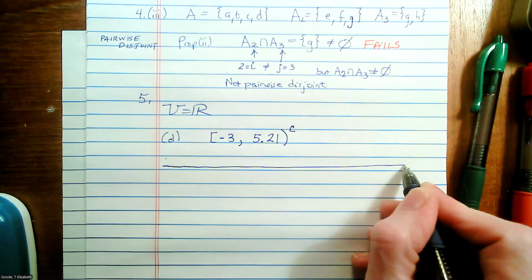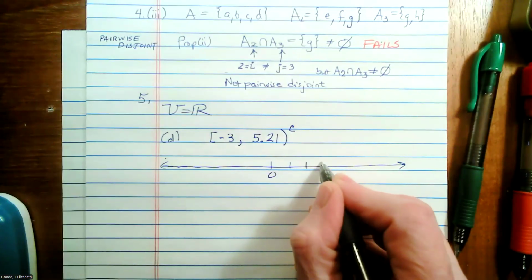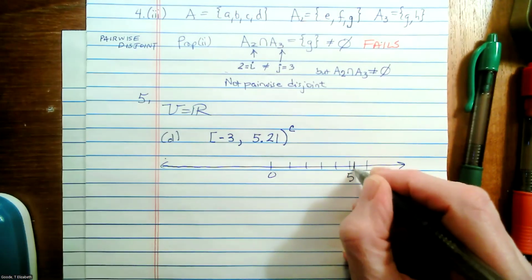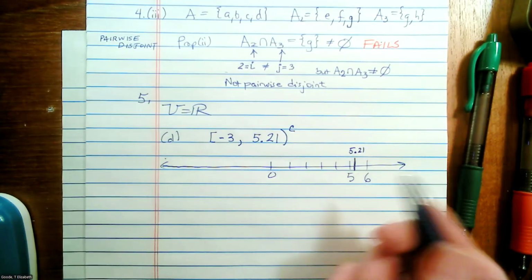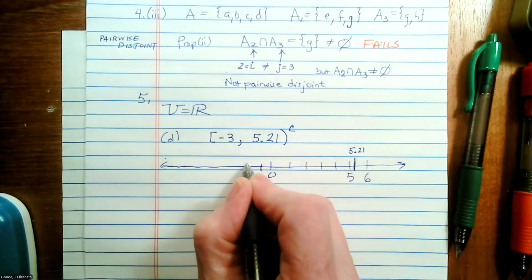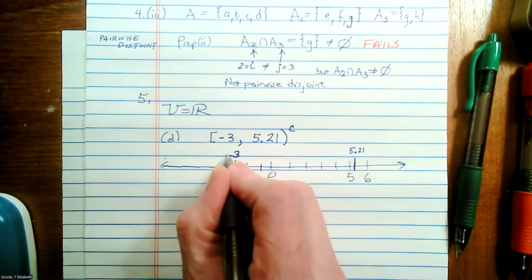Drawing a picture can really help. All right, so here's 0, 1, 2, 3, 4, 5, 6. So 5.21 is like there, right? Close enough. It's a fifth of the way between 5 and 6. And -1, -2. All right, so I picked -3 for the left bound.